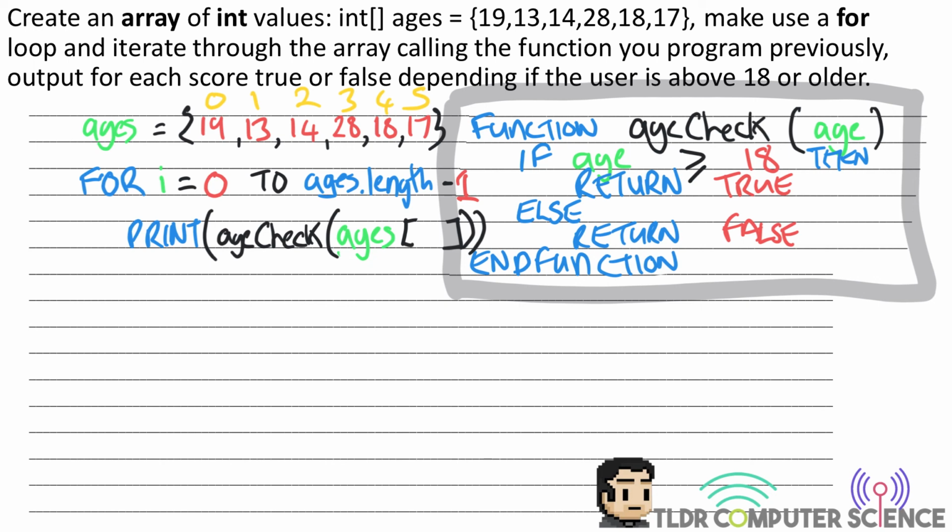So in here, I want to put down ages at position I. As we run this bit of code, I will be 0 up until 5. Print age check calls this, sends it ages at position I, which was 0, so sends 19 to here. 19 is greater than or equal to 18, returns true, we'll print true. And we'll keep on doing that to the end. And then down here is next I. And hooray!